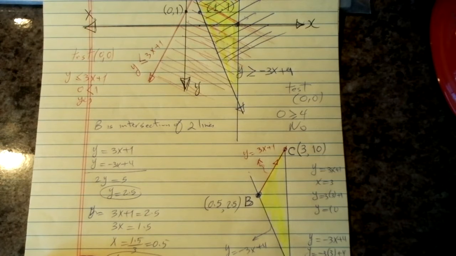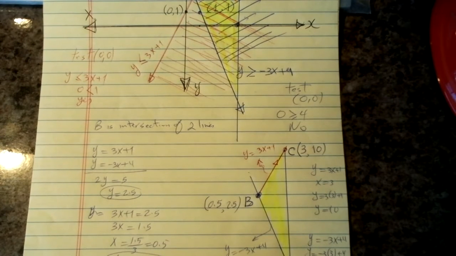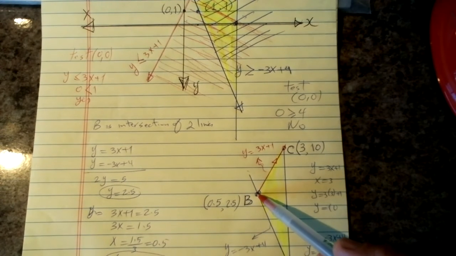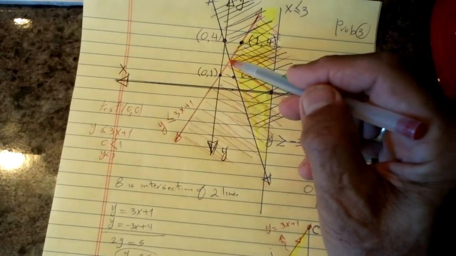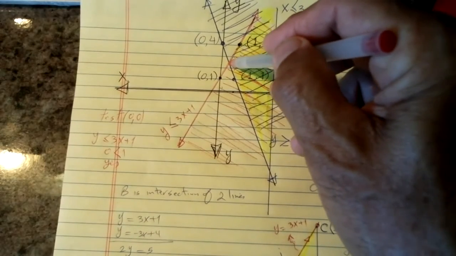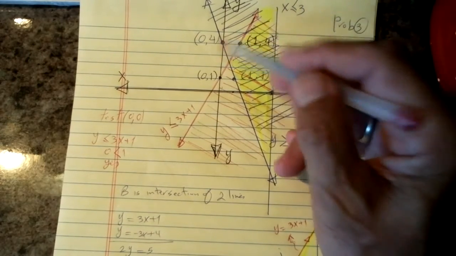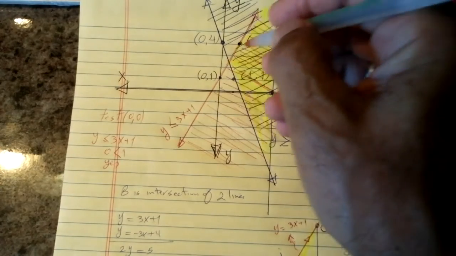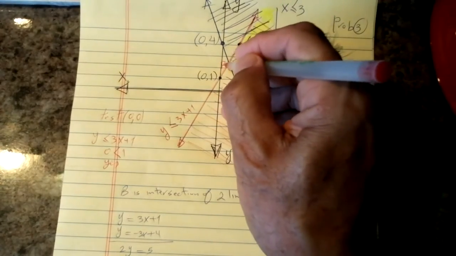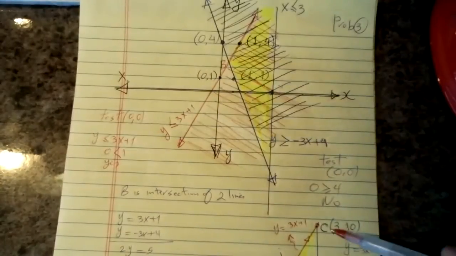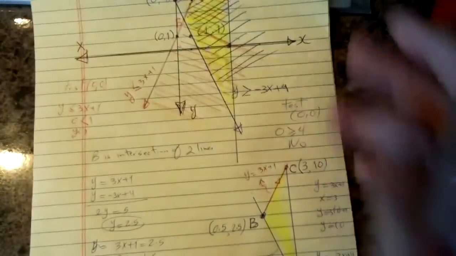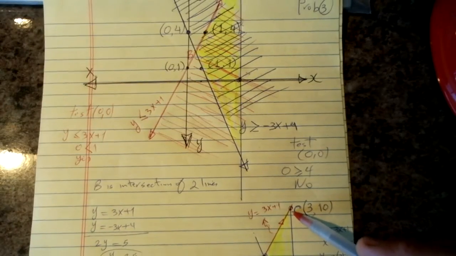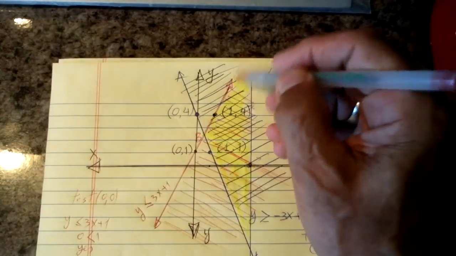So you need to find each of these points. Like this point here is the intersection of both lines. This is the point B. C is the point where these two intersect here somewhere.